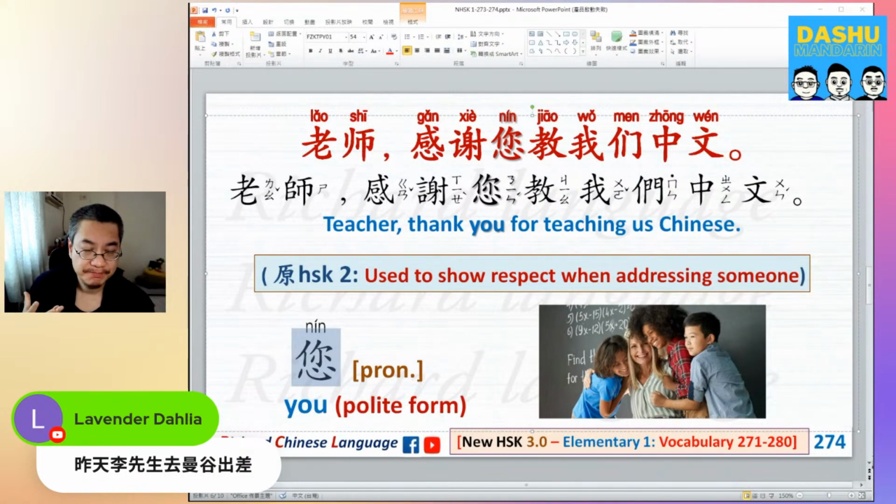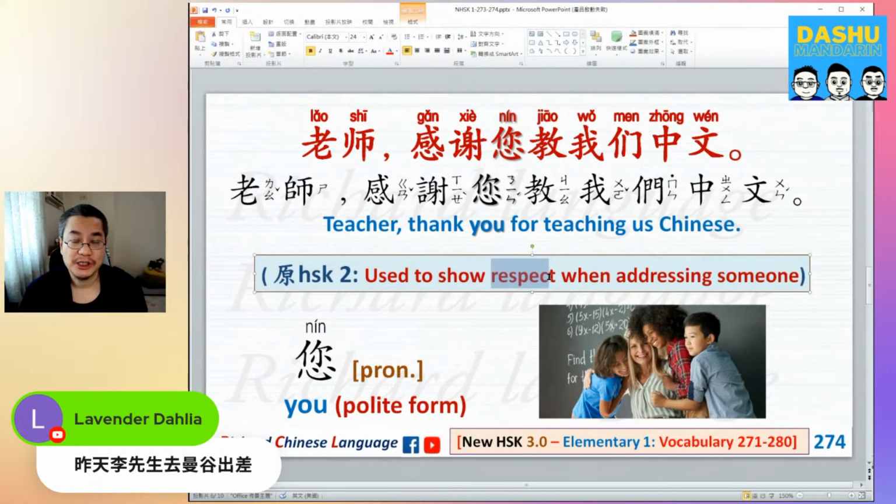Okay, 您 is a pronoun. Of course, we have already learned 你, which means you. So what's the difference between 您 and 你? When we use 您, actually you are addressing a person who you respect.